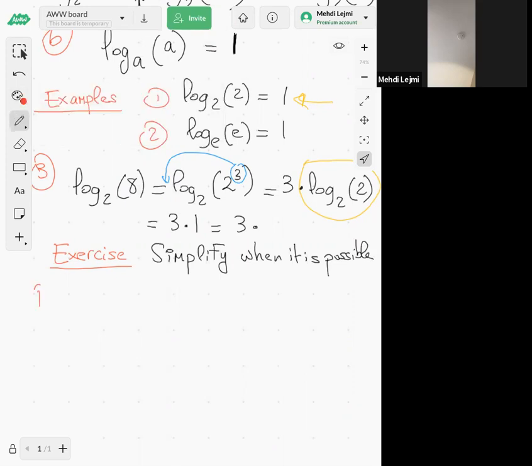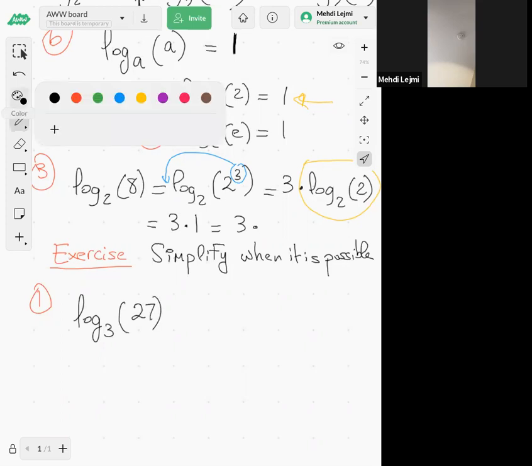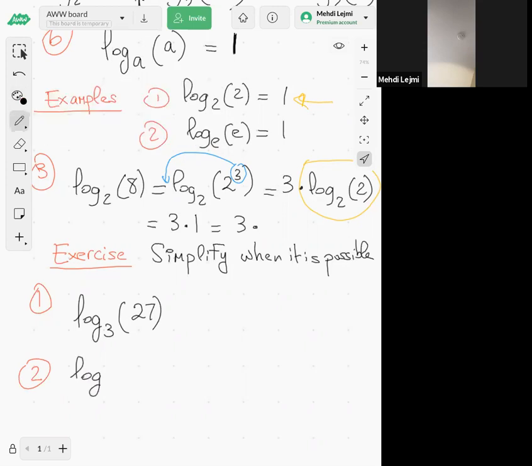Okay, so number 1. Let's say you have log in base 3 of, let's say, 27. Number 2, log in base, let's say, 2 of 1 over 16. Okay.